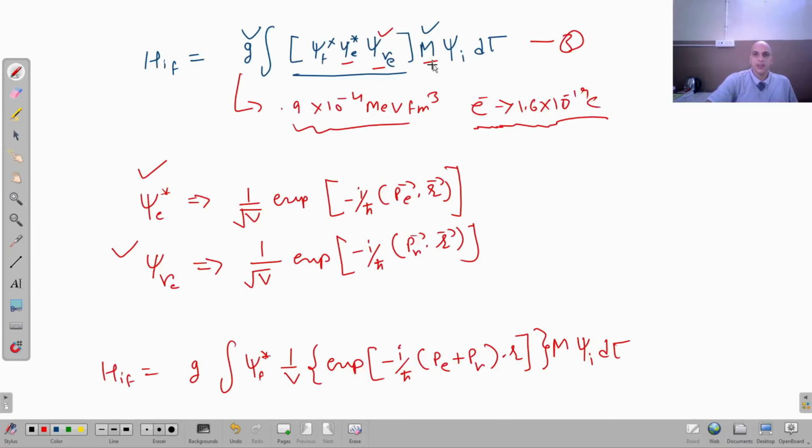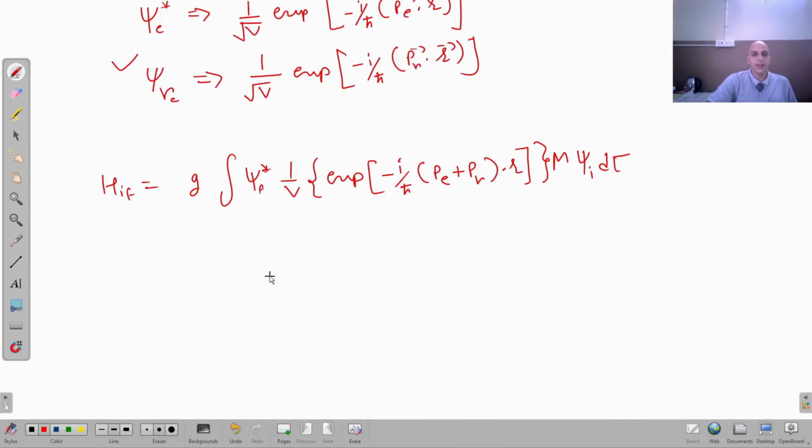You can see here I have put all these values in this equation, M as it is, psi initial, d tau, and these two values are put here.